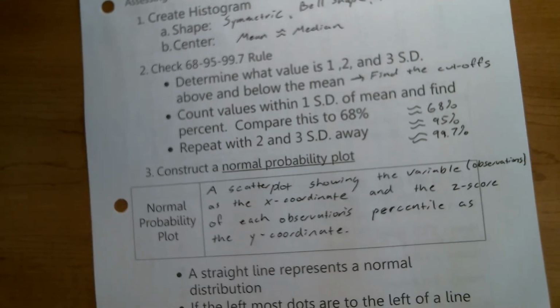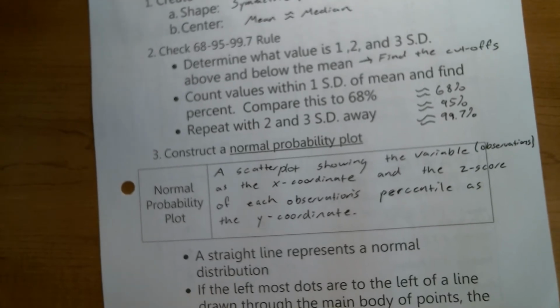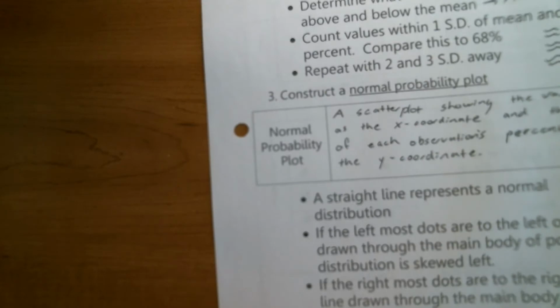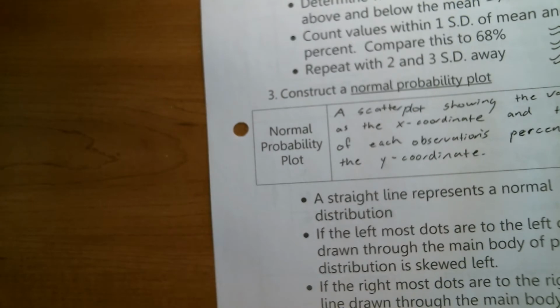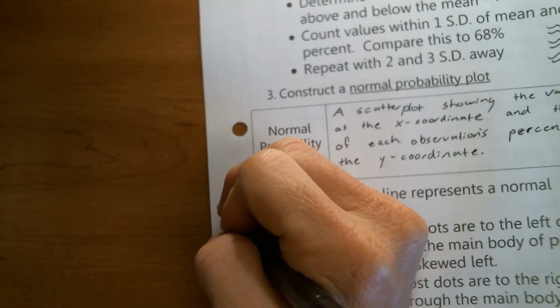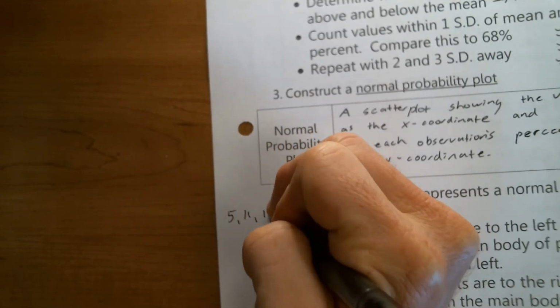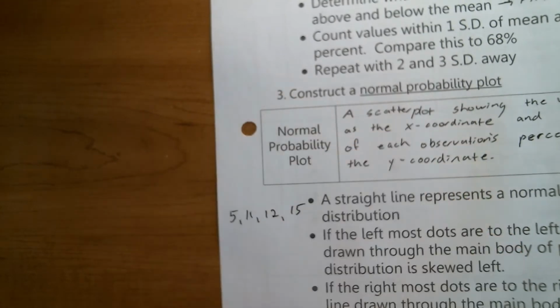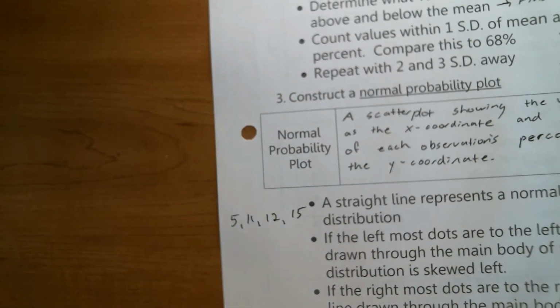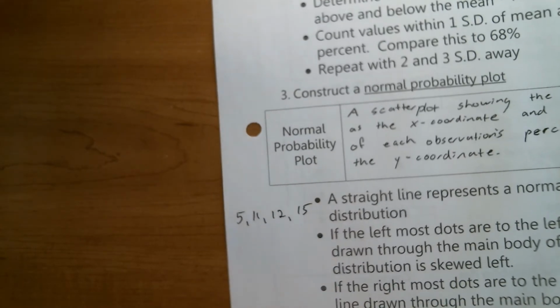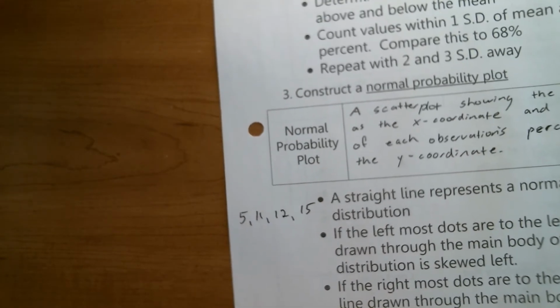Let's just pretend we had a very simple distribution that only had, we'll say, 4 things in it. We'll say the values were 5, 11, 12, and 15. So those are my values. For every single value, I would have to calculate the percentile.